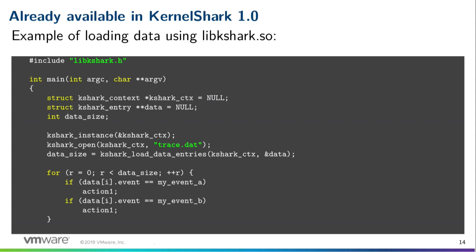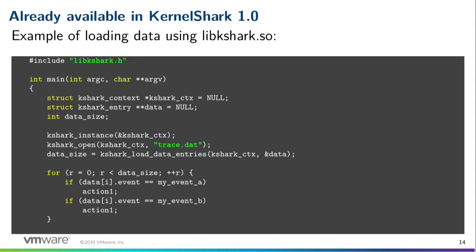But the idea is, as you can see, it follows the same sequence of instructions that we saw in our Python code, which we would like to have. You basically just initialize the session, you open a file, then you load the data.